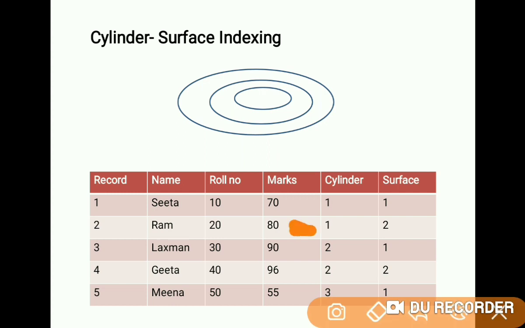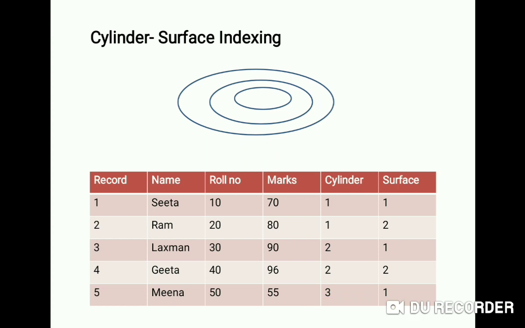Right. Okay, so there will be one index table, another table. That index table will have two columns only. Which two columns? First column will be cylinder and second column will be the name of the student who is having highest marks. Okay, so the first entry in that index table will be 1 Ram. Correct. Now what will be the second entry? So we have to check the second cylinder.